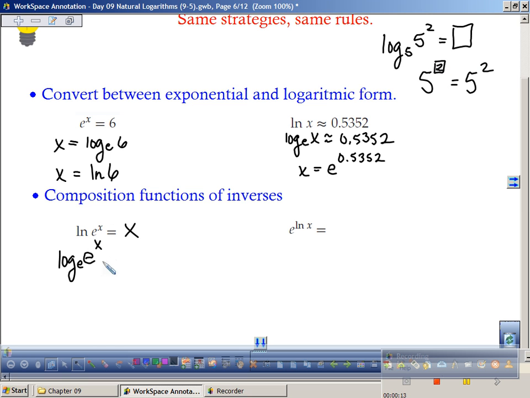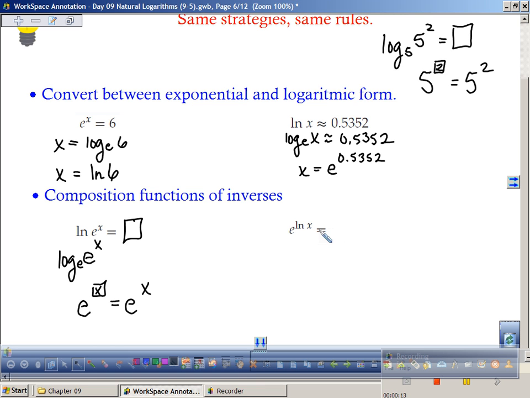See it? So what is this one? e, watch. Mrs. Watkins put the boxes in there last period, and I really liked that. e, the base, to the exponent equals e to the x.